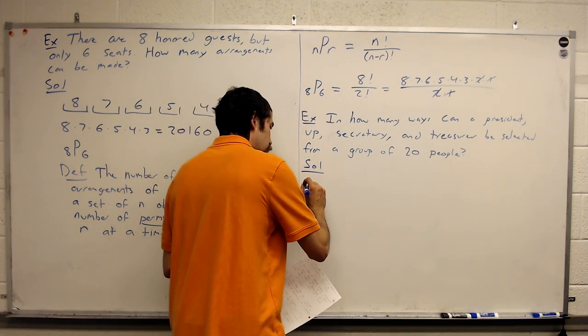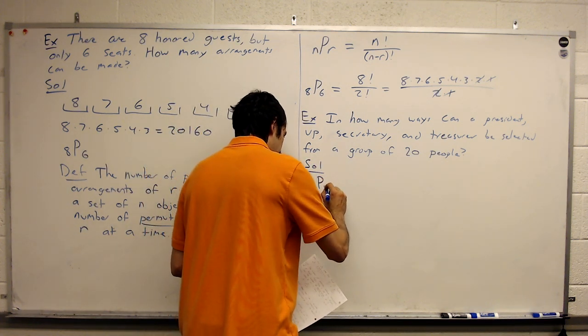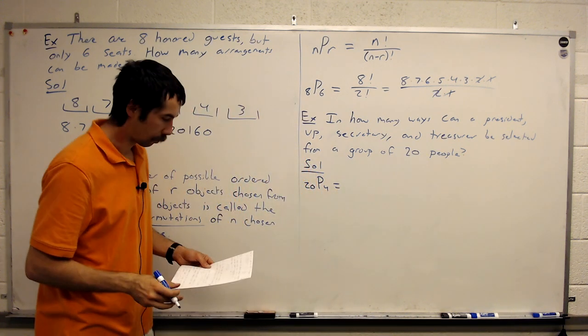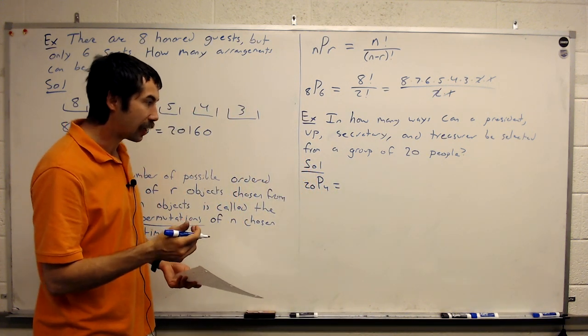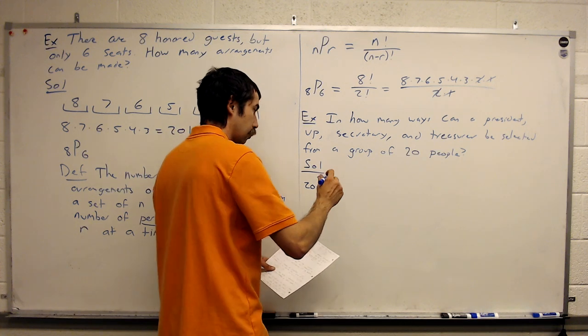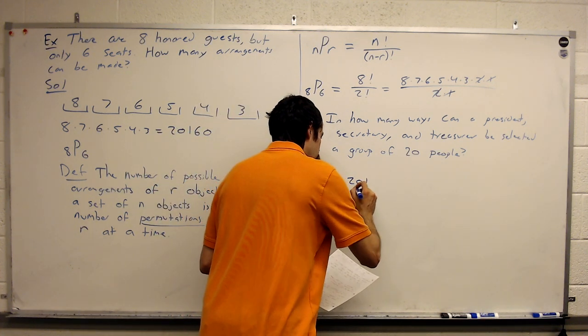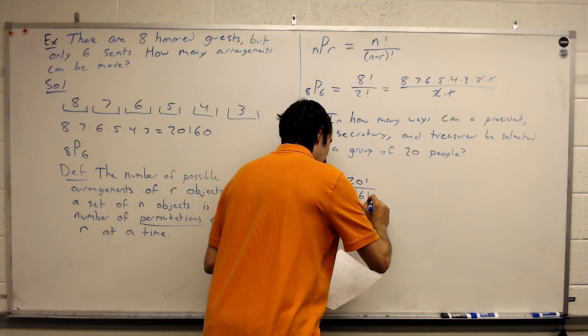So since our order matters, and we're selecting 4 of 20 people, the answer is going to be 20P4. All right, and this is 20 factorial over 16 factorial.